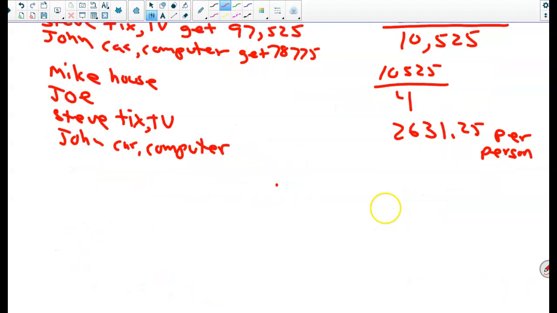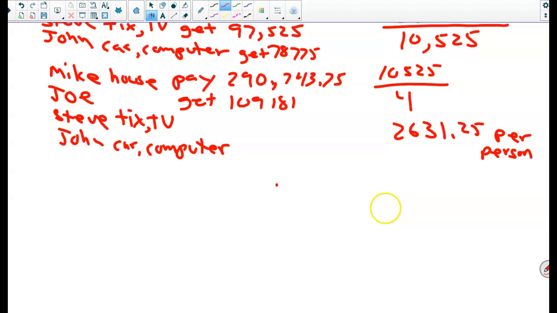So now when I do that, I subtract that surplus from the payment. So Mike is paying $290,743.75. Joe is going to get a little bit more money. We add that on to Joe's, so it's $109,181.25.